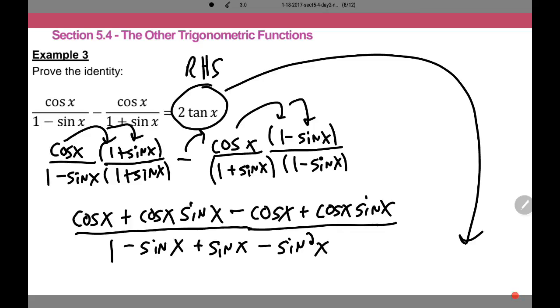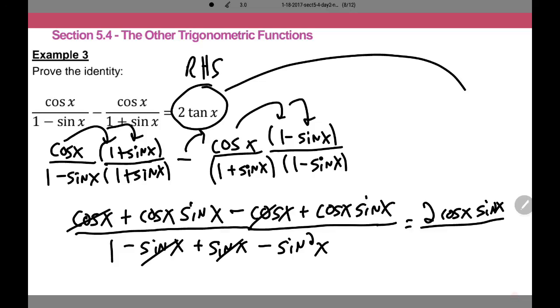Alright, we've got several things here that will simplify on both of these. On the top, my cosine goes away, and I've got two of the same thing, so I've got 2 cosine x sine x. On the bottom, my sine x's go away, and I'm left with something that should be familiar. I've got 1 minus the sine squared of x, and 1 minus the sine squared of x always equals the cosine squared of x because of our Pythagorean identity.